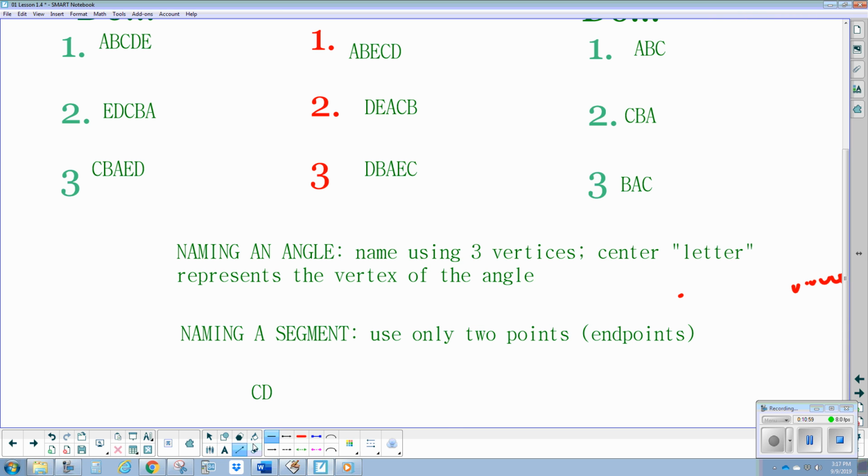Make sure that you put the segment sign above your 2 endpoints. So this naming angles and naming segments should be review. See Unit 1 if you need to refresh how to do that. I think it's 1.1 and 1.3.